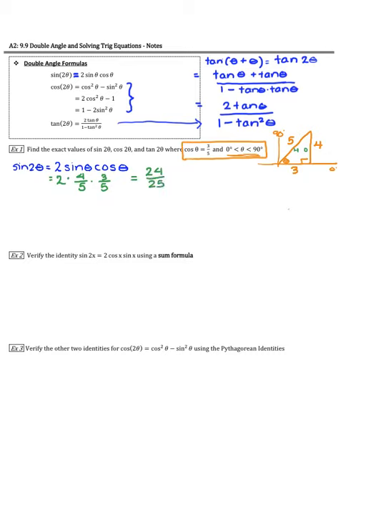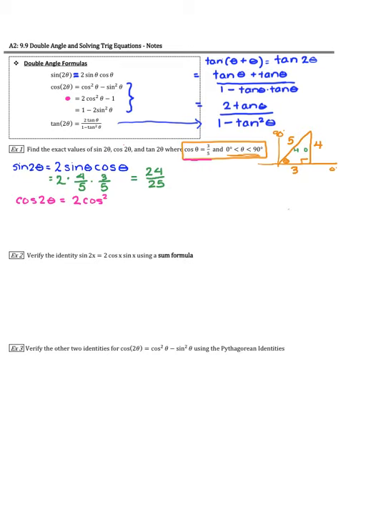Okay, we did sine, now we're going to do cosine. So cosine 2 theta. Now here you have lots of options because you have three different identities, and my recommendation is if I'm given information that has to do with just cosine, I'm going to use the identity that just has a cosine in it, because then I don't even need to draw the triangle.